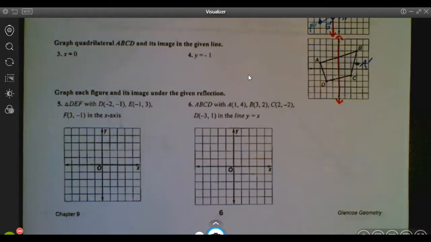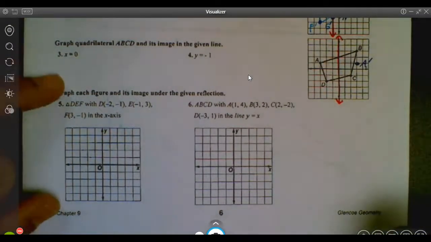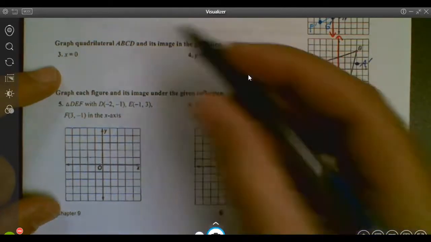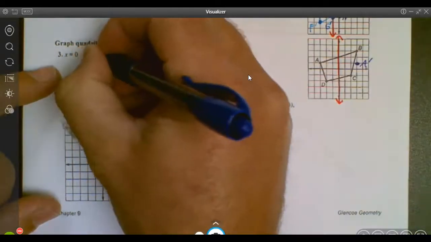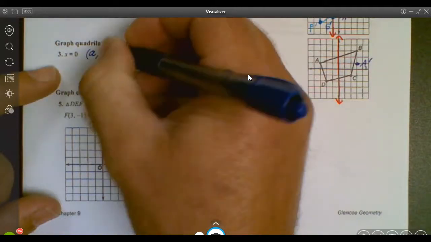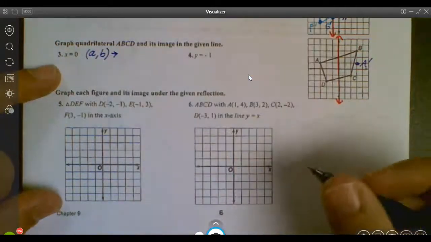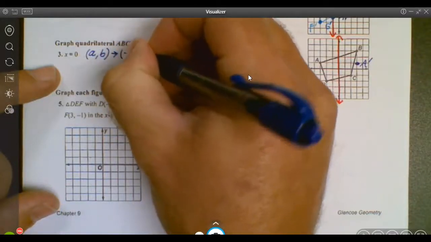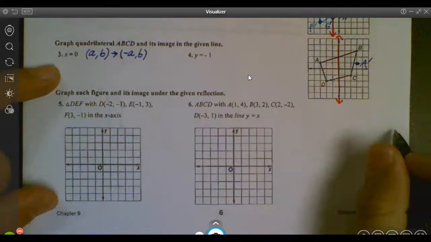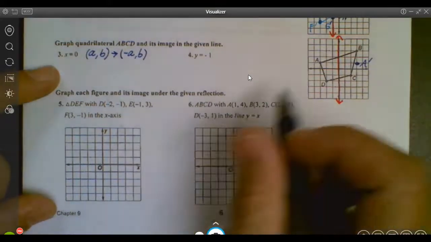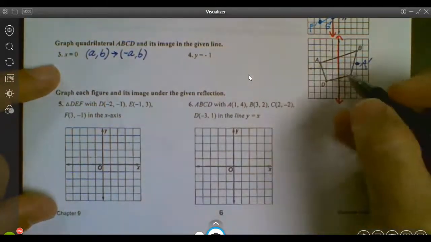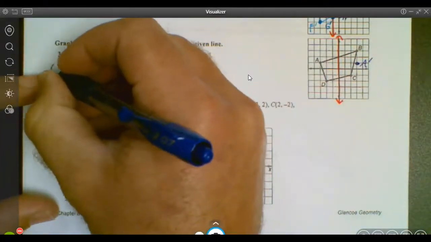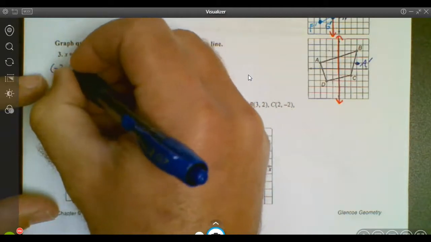But you could apply the rule. As I looked at up above, if I reflect across the y-axis, I'm moving this direction. So the rule we looked at up above was that my coordinates (a, b) are going to become (negative a, b). The sign of my x coordinate changed. So look at the original value for A. It was negative 3, 1.